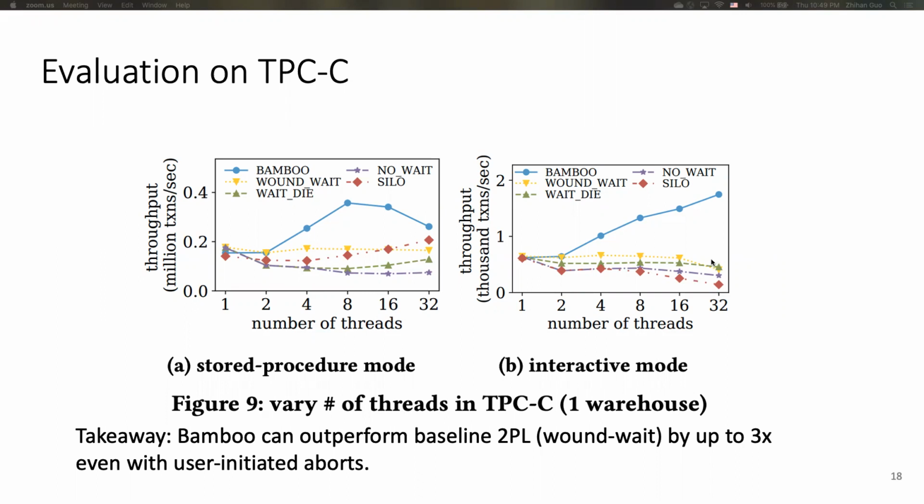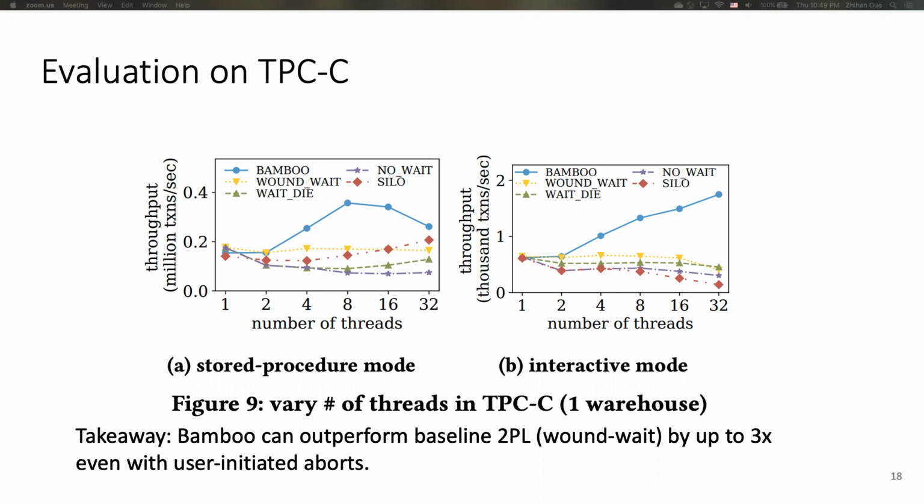One is a transaction client that sends out requests through gRPC. And the other is a database server that handles the gRPC requests to perform reads or writes. And in this setup, the network latency becomes the major bottleneck. And we run the TPC-C workload with one warehouse.